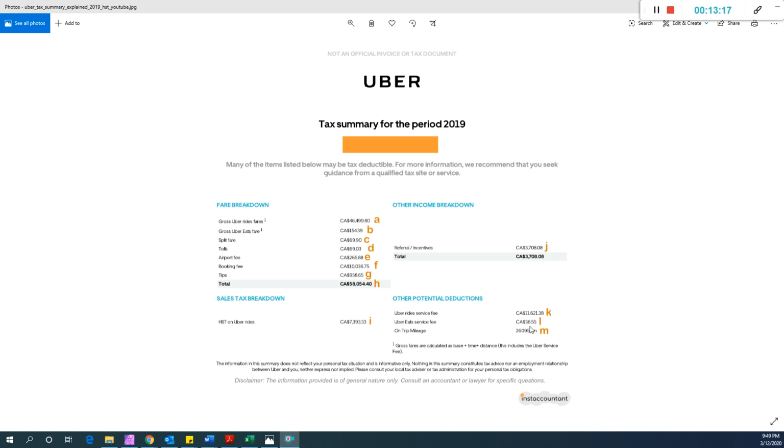You live in a suburb and then you come down to the downtown of a big city just to start getting work. Although those kilometers are to be taken as business kilometers or business mileage, they are not included here. Uber only records the kilometers that you drove for completing trips.